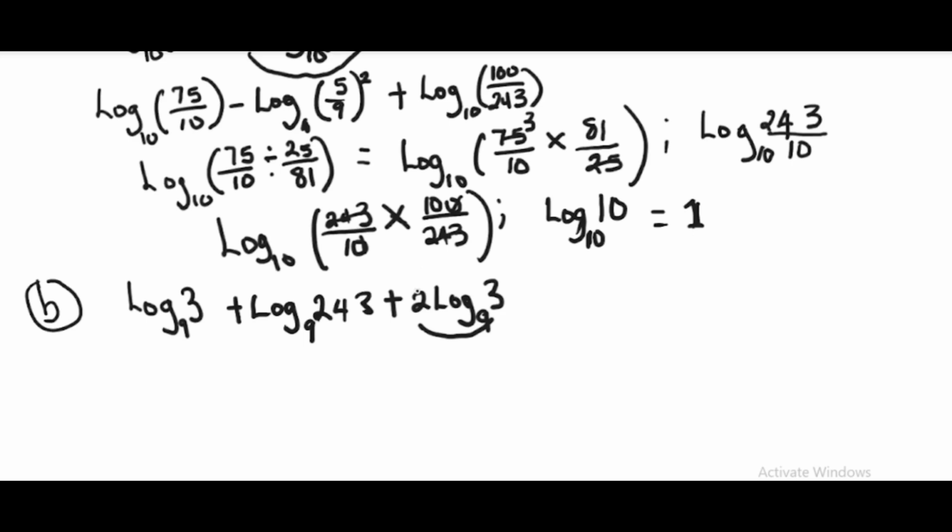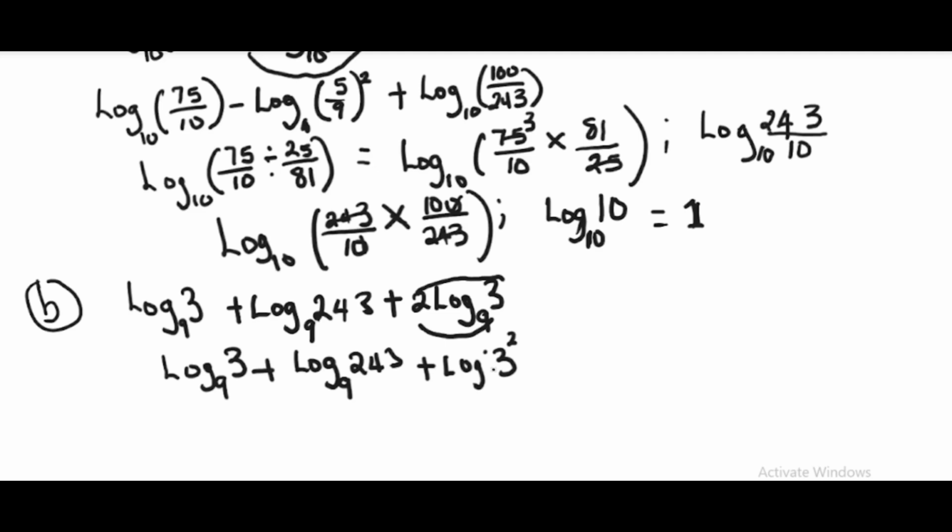So these two will go back here and that will leave us with log 3 in base 9 plus log 243 in base 9 plus log 3 squared in base 9. Alright, so we have plus here, that means we will multiply.